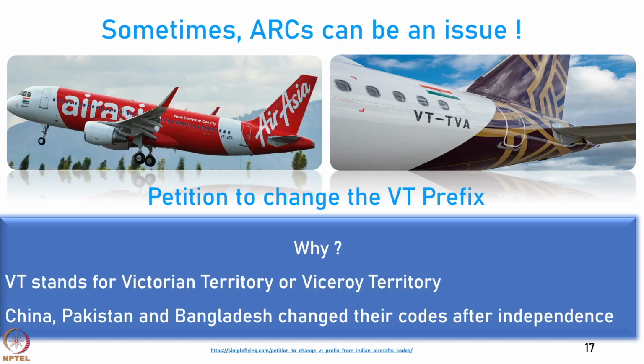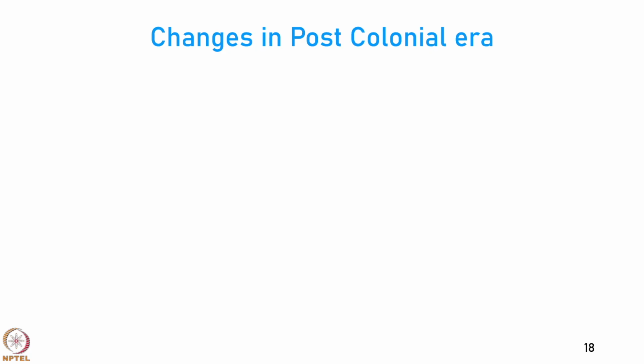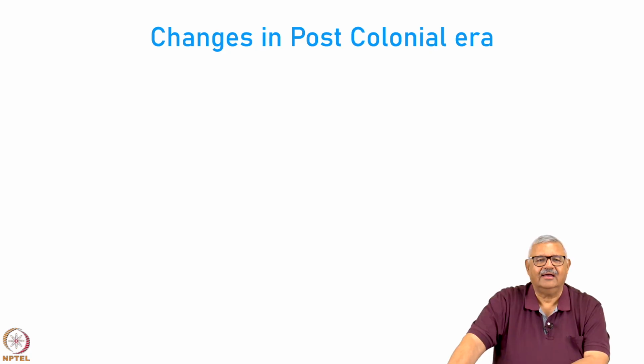Other countries who have gained independence along or near us like China, Pakistan and Bangladesh, they have changed their codes after independence, but India continues to use VT. So there was a petition to change the VT prefix. There are many other countries also that have changed their registration letters, prefixes after gaining independence.